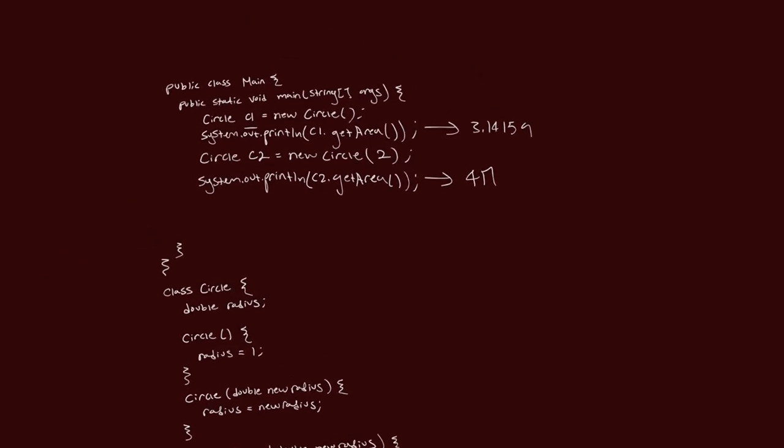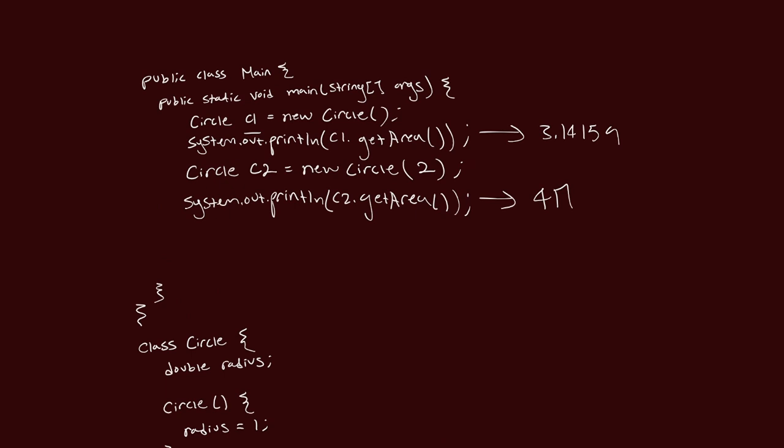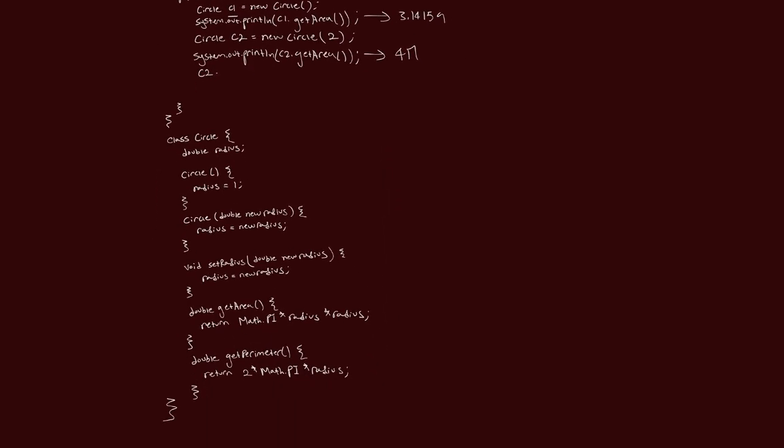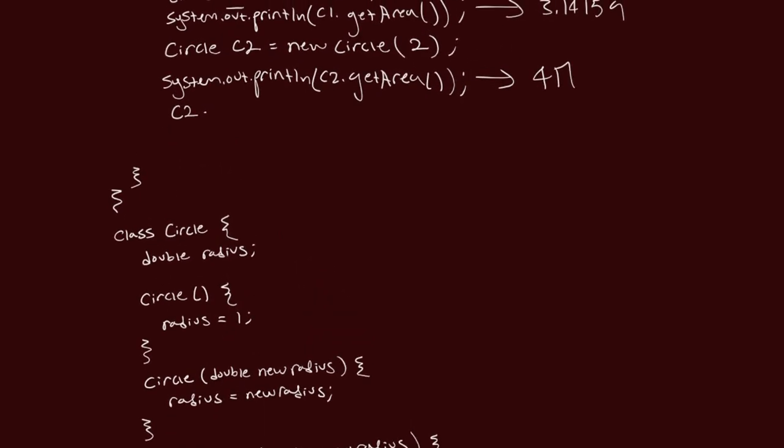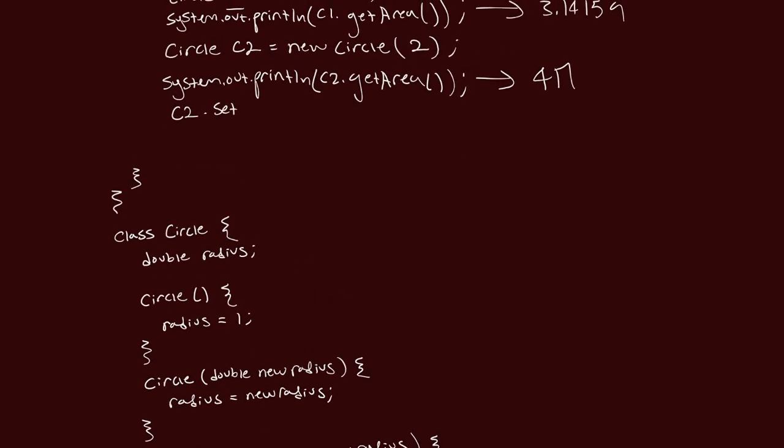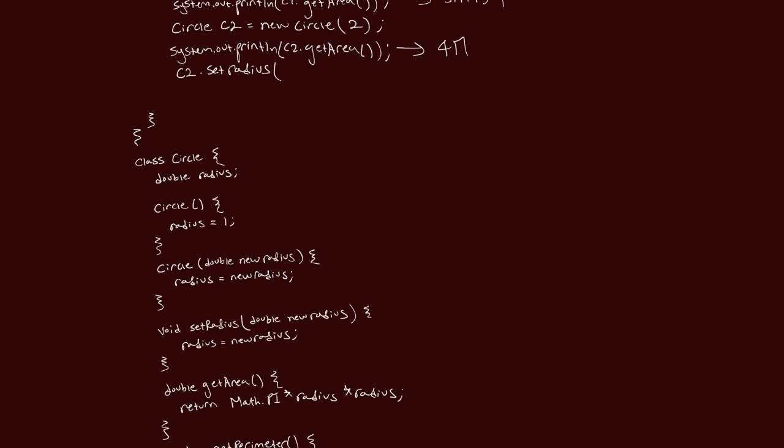And if you want to change our radius, you would do c2.setRadius, and inside the parameters we would put in our new radius. Oh, sorry, it should be uppercase R. There you go. So we're calling this and we pass in a value. Let's say we want to change our radius to 3 instead.